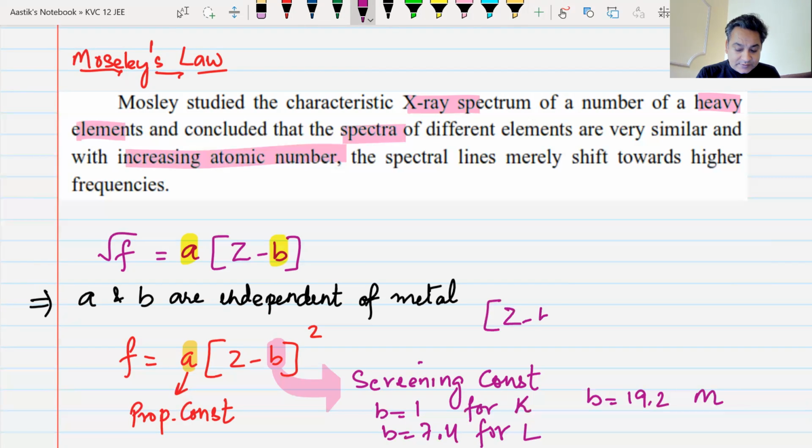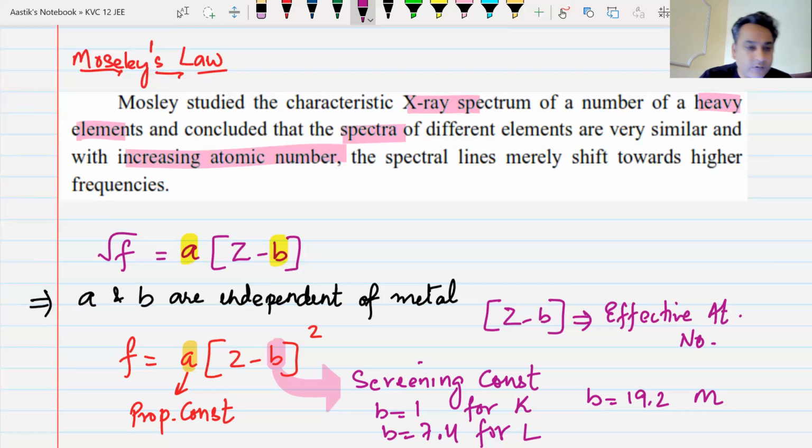The Z minus B is sometimes known as effective atomic number. Do we understand this?